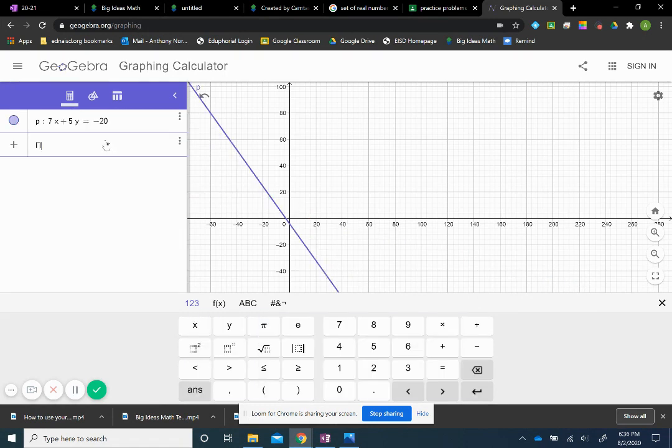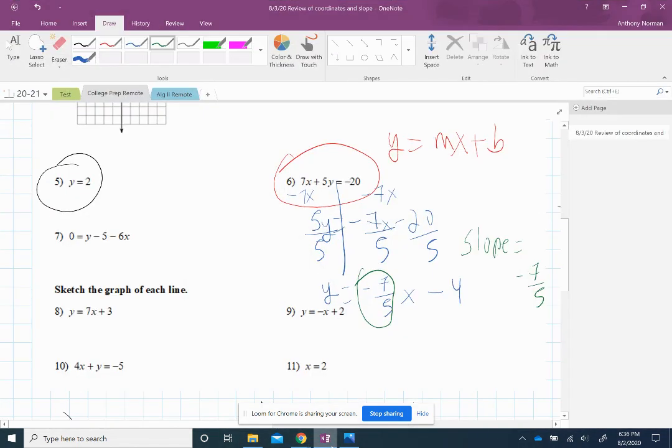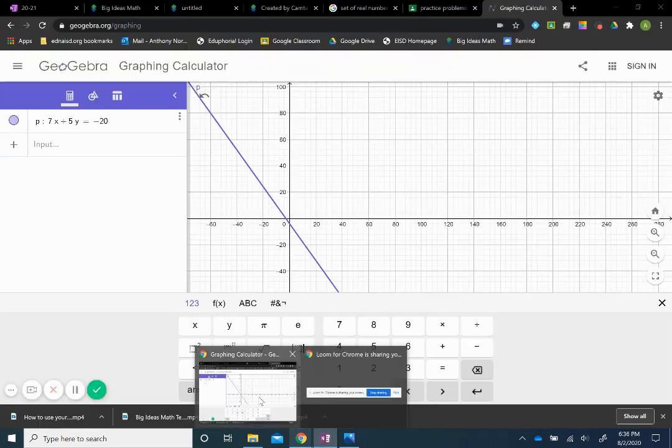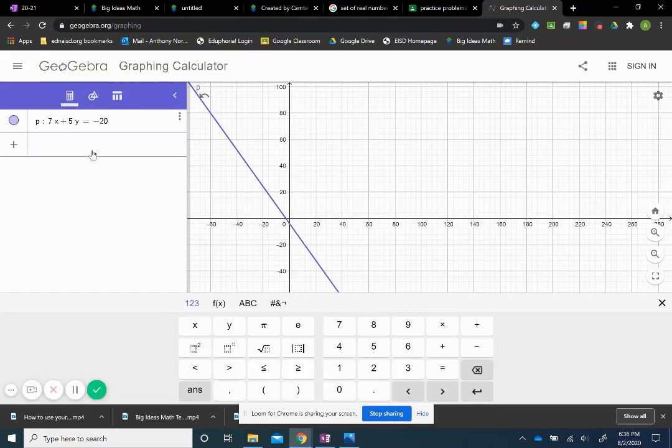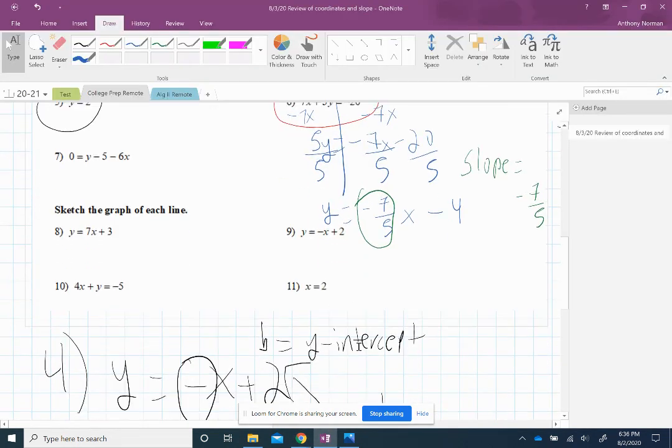A little cluttered. 7x plus 5y equals -20. And then we'll write the equation that we just worked out: -7 over 5x minus 4. And they overlap, they are the same.